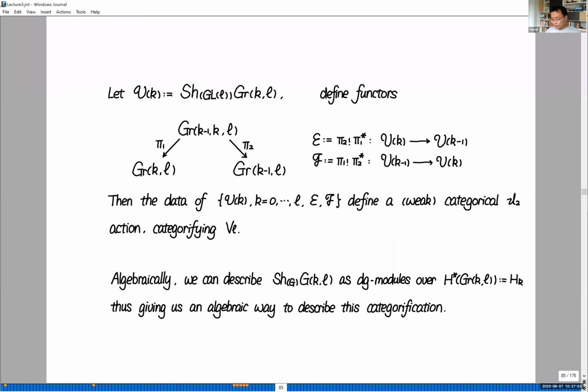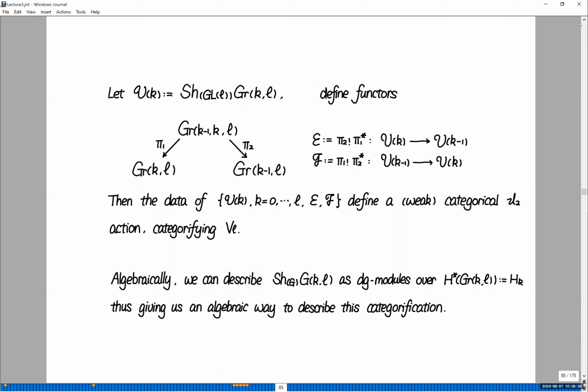And why it's a categorical SL2 action is that when you compute the commutator of E and F, their difference is essentially, with the mixed structure, multiples of the identity functor, with grading shifts. So that's why it's a weak categorical SL2 action, where you don't specify the morphisms. So the SL2 acts categorically on those categories.